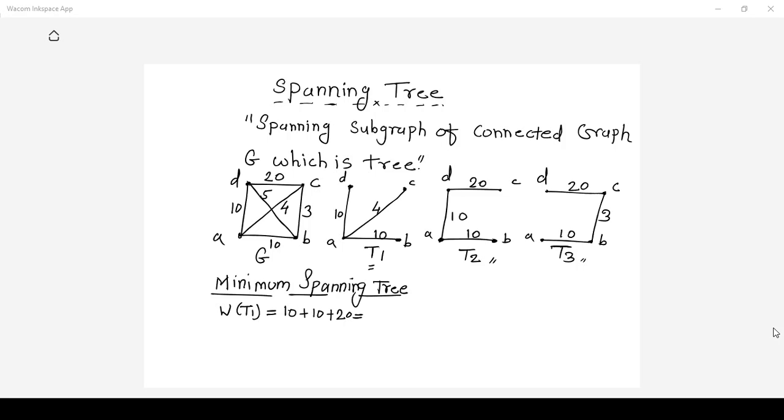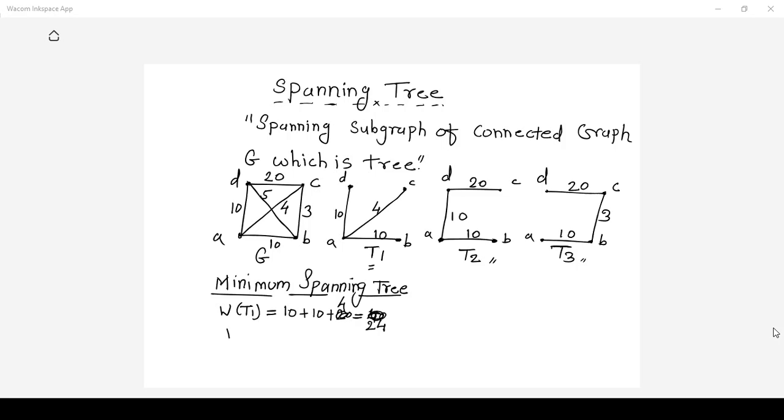So the weight of spanning tree T1 becomes, sorry, 10 plus 10 plus 4 it is. So the cost becomes 24.